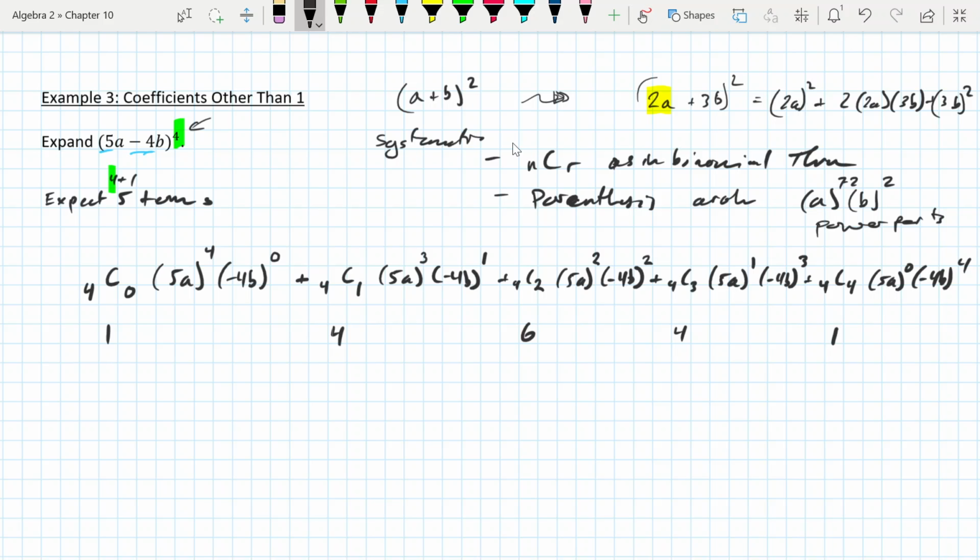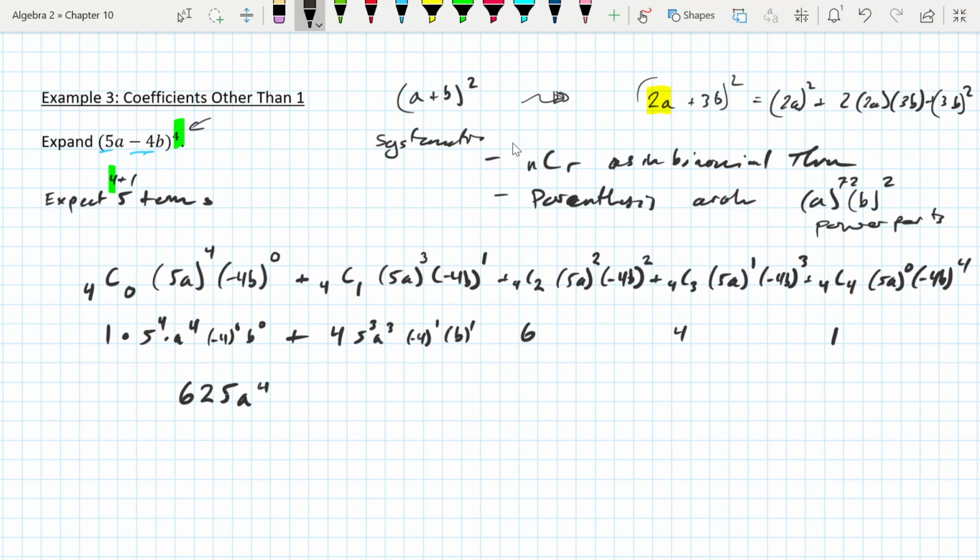But now what I have to calculate out is multiply this by 5 to the fourth times a to the fourth, and negative 4b is just 0, so it's going to hang out there. 5 to the fourth. What is 5 to the fourth? 625 times 1, so my first term here is 625 a to the fourth, because negative 4 to the 0 and b to the 0 are both 1, so I don't care about them. Next up, we've got 5 cubed, a cubed, negative 4 to the 1, b to the 1.